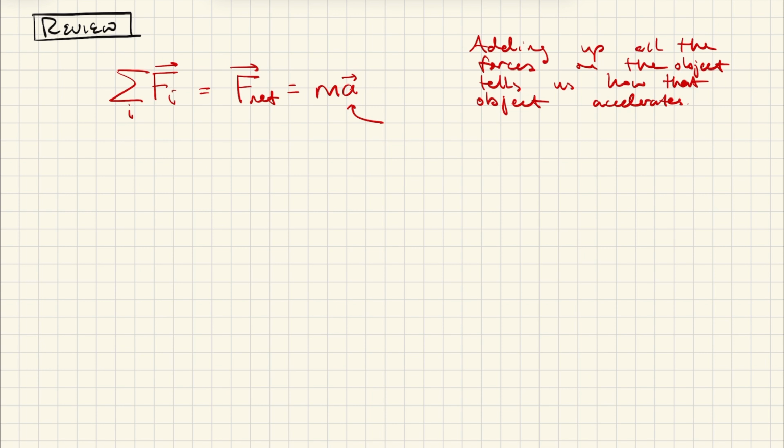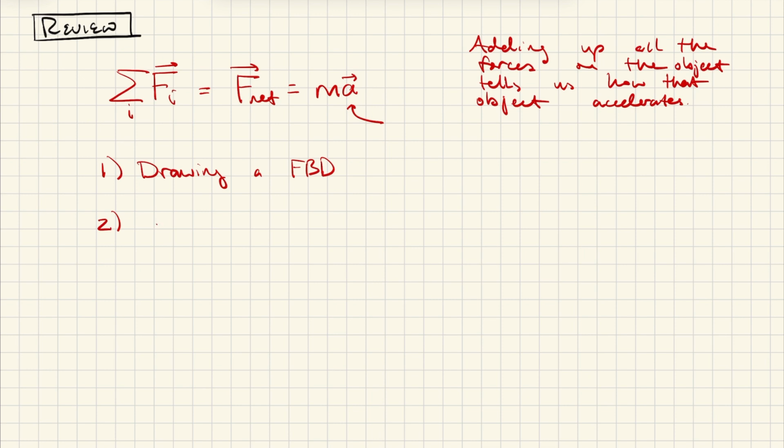The general structure of solving a force problem looks like drawing a free body diagram, just so that we understand what all the forces acting on something are. Then once we draw the free body diagram, the goal is to use that to write out some Newton's second law equations.